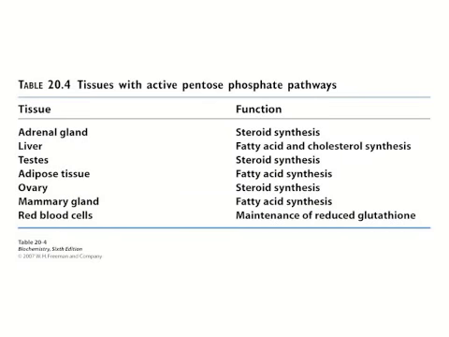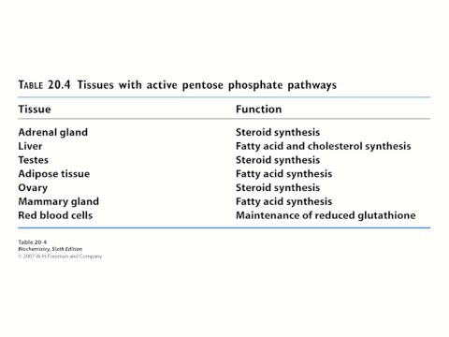This is a list of tissues that have active pentose phosphate pathways. The pentose phosphate pathway is most active in the adrenal glands, in the liver and testes, in adipose tissues, in the ovary and mammary glands, and in red blood cells. In many of these tissue types, the reason that the activity of the pentose phosphate pathway is so high is because these tissues produce steroid hormones.